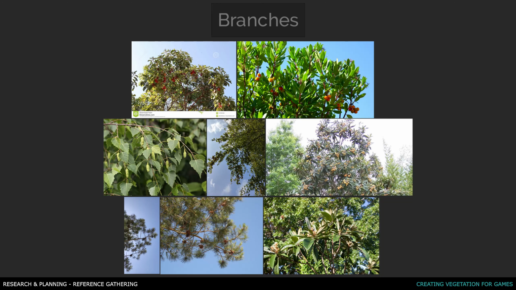When I'm looking for references of branches, or if I can take them myself, I usually like references from the bottom because they really make it easy to read what's going on. What you want to take away from these references is really just the structure, understanding how many levels of growth a tree has. You have the main branches, then the secondary ones, and then the tertiary ones, and then when do the leaves actually show up, because this changes a lot from tree to tree. So those are quite important for that step.